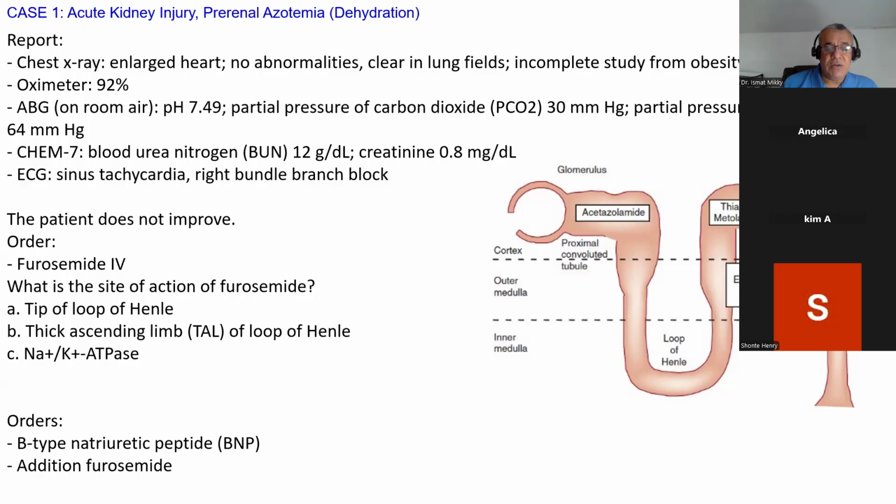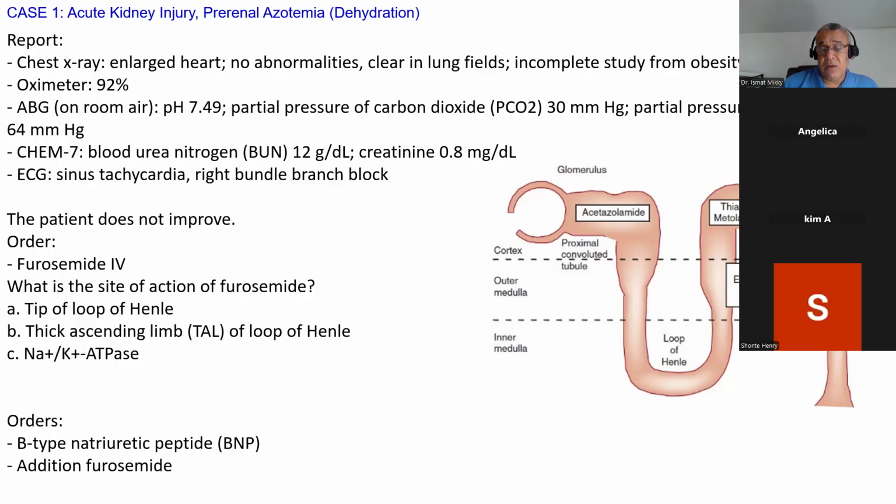This is more of a patho or pharm question about furosemide and the exact site of its action in the kidney tubules. According to the classification, furosemide is called a high ceiling diuretic.